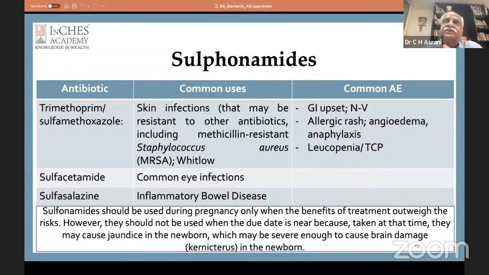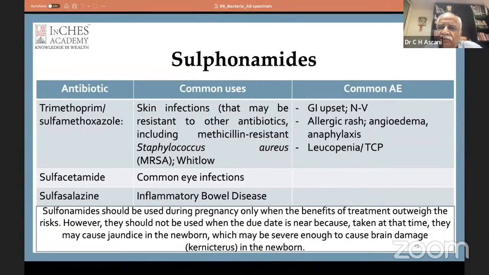I use it exclusively for whitlow, nail bed infection. I make glycerin magsulph poultice in my clinic. We give the poultice and we give the combination of trimethoprim sulfamethoxazole. It works wonders. It works better than cephalosporins.